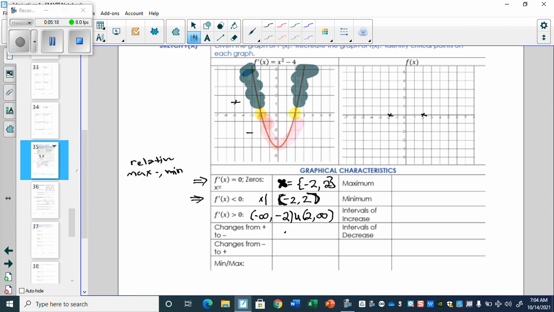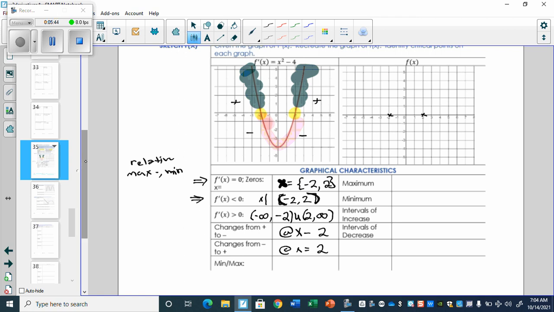So at -2, okay? And the y values change from negative to positive at 2, and this will help me be more specific. At x equals -2, and x equals 2.